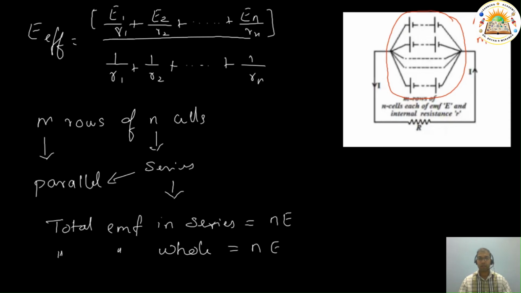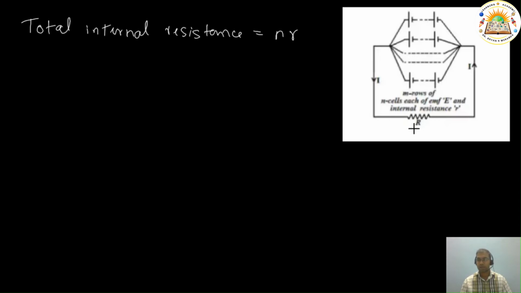Now, for this kind of a cell, let us look at the total internal resistance. The total internal resistance is going to be n times small r. For this kind of circuit, we always have a parallel combination of the external resistance.